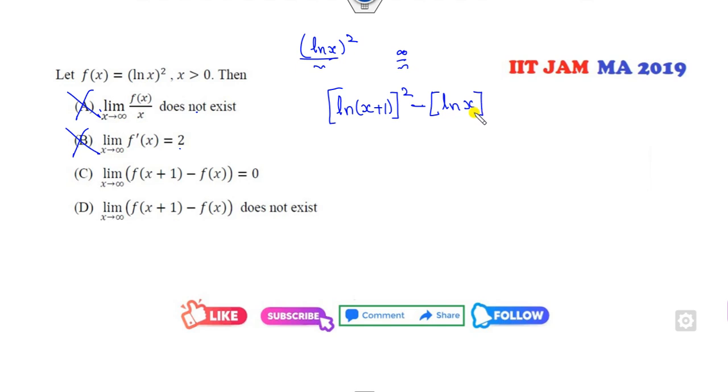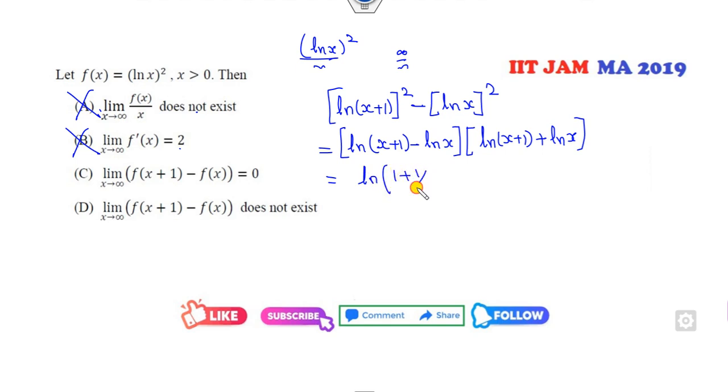of x whole square. So I can apply a square minus b square, (a plus b)(a minus b), with ln of x plus 1 plus ln x. Fine. So this will be ln of 1 plus 1 over x, and this is ln of, again I can take x as common, this plus ln of x.